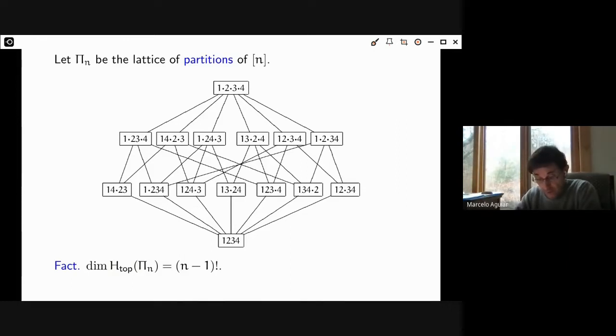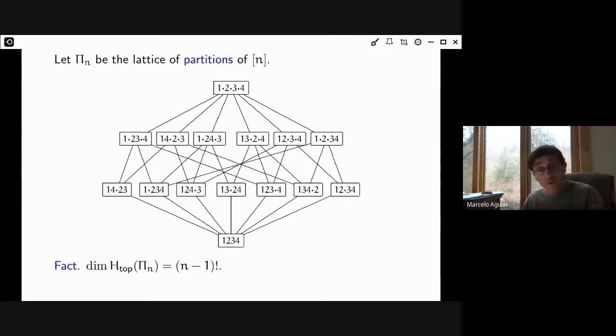There's another common feature to these two vector spaces. The space Lie_n that we had before, defined purely algebraically, and this space defined topologically out of a combinatorial object. They have the same dimension, but they also are, both of them, representations of the symmetric group, right? Because clearly here S_n acts by permuting the labels, in this case S4.